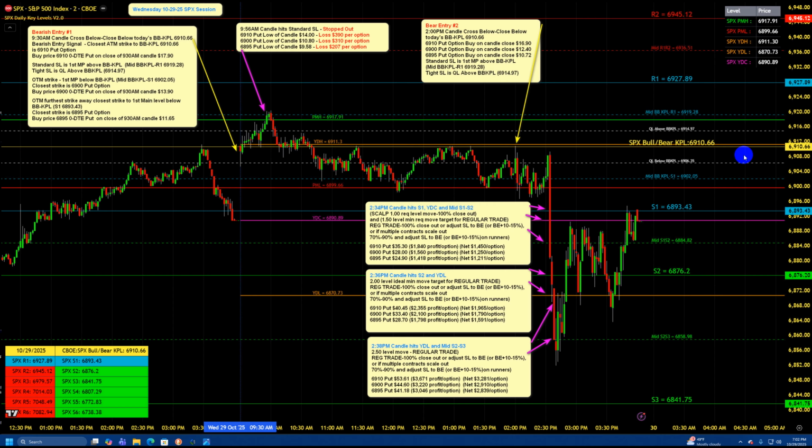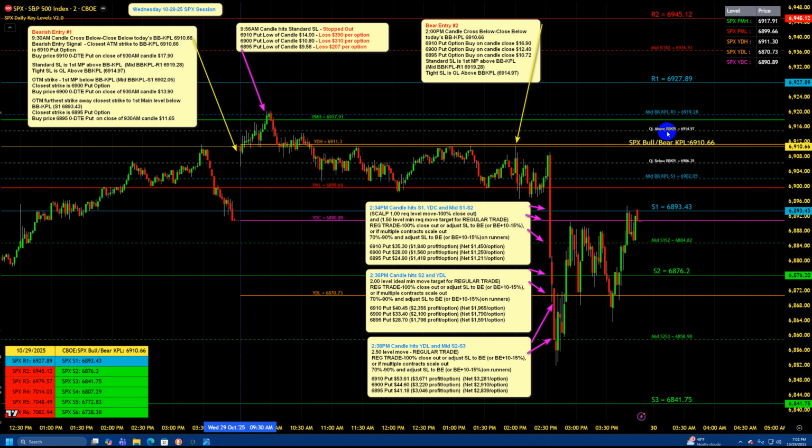And then that way you can see things in a more granular view as we have now. One of the reasons is because you have this all-important range here, which involves this midpoint level above the bull bear KPL, the first midpoint level below the bull bear KPL, and then this QL above and QL below.